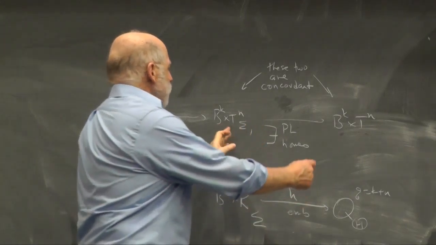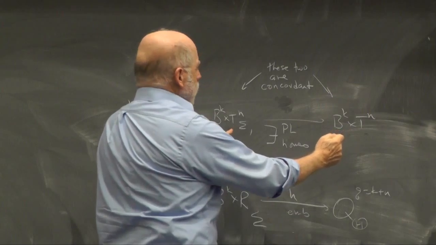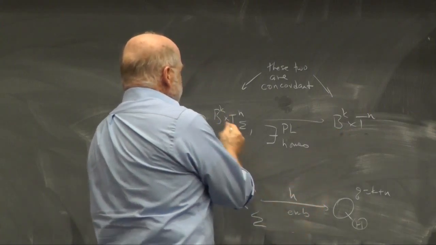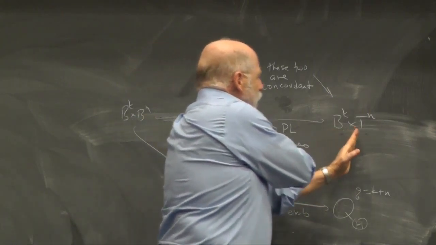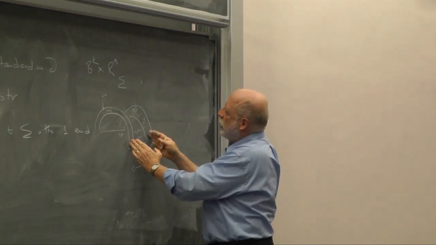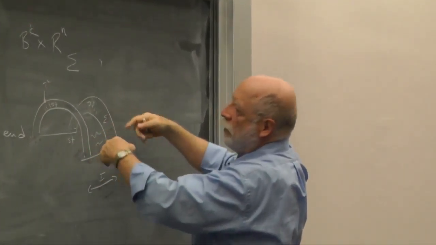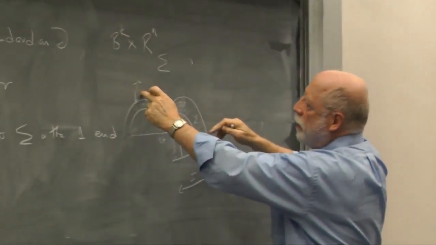So these two guys. In the picture, this is my right hand and this is my left hand. These are the two ends. At first, this was just an R^n fiber, but then we went up to the torus and we have a torus fiber.